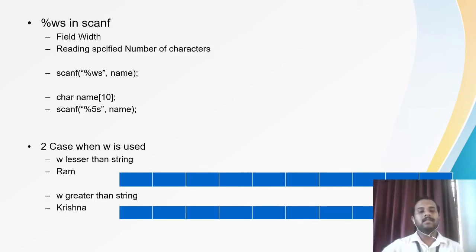Okay. So if you see here, when you specify the field width or the field specifier, there are 2 cases or 2 chances. In one case the W that you provided is more, and in another case W is lesser.